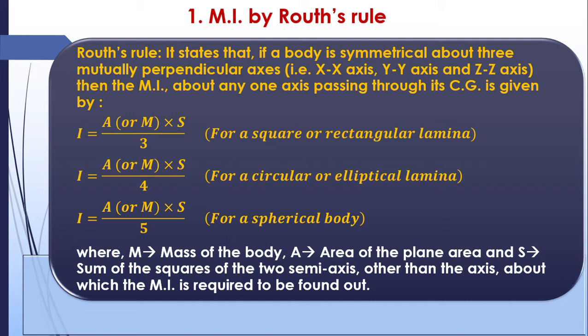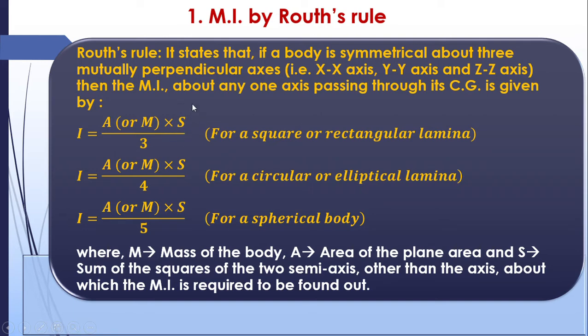Actually, we have already discussed one equation, that the moment of inertia is equal to area into the square of the distance. All these equations are the same. Area, or mass, for a lamina with thickness, into the square of the distance.